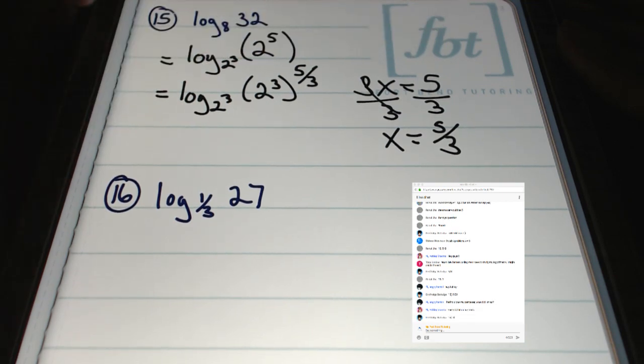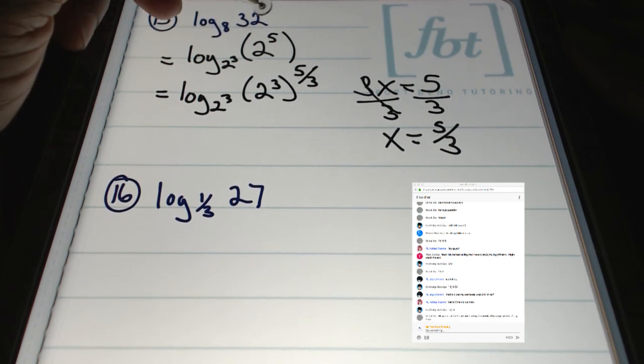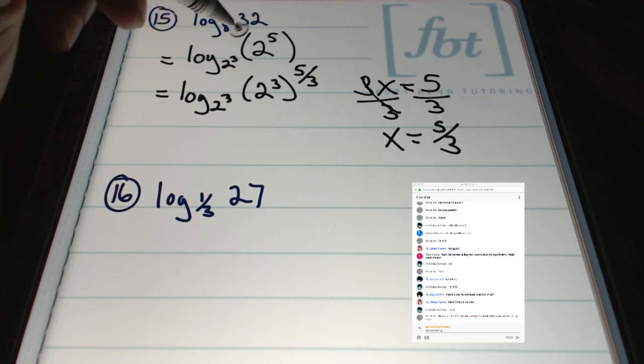So the first thing I did was show that since 8 and 32 had no direct connection, they have an indirect connection, but not a direct connection using integers as exponents, we could show that 8 could be rewritten as 2 to the 3rd power, and 32 could be rewritten as 2 to the 5th power. So I looked for that common base.